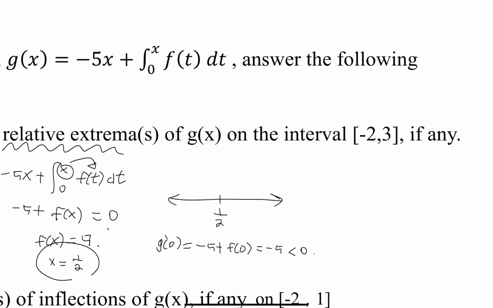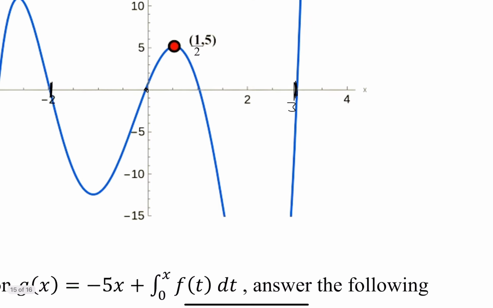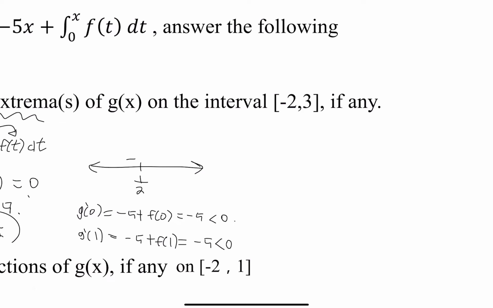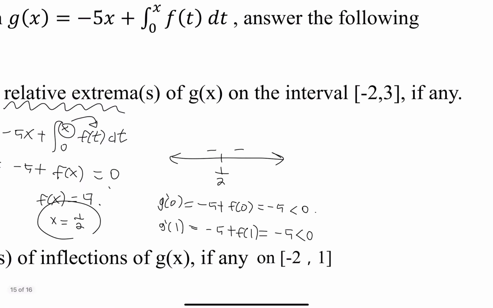And let's try to find something that's greater than 1/2. Let's say 1. For 1, we have 0 again. So negative 5 plus f of 1 equals negative 5 again. So this is still negative, right? So there is no sign change. So I guess we don't have a relative extrema for this question.